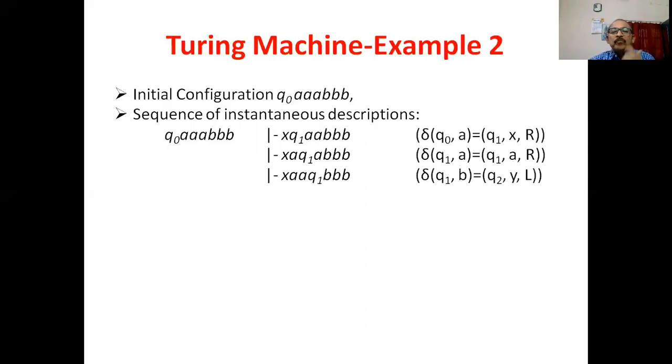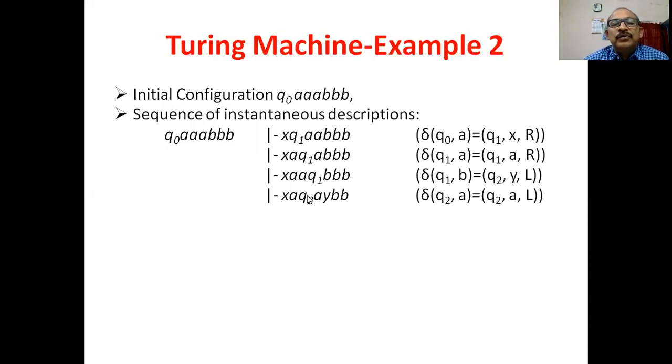Next. Now at this time the machine is in state Q1, input is B. It goes to Q2, replaces this B by Y, and at this time moves in the left direction. So this B is replaced by Y and it moves left, and the state is Q2.